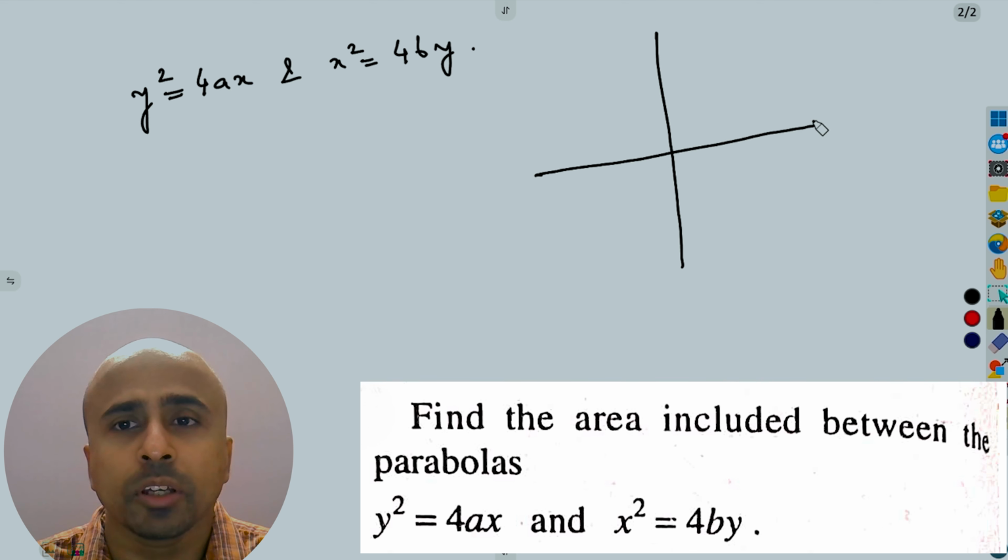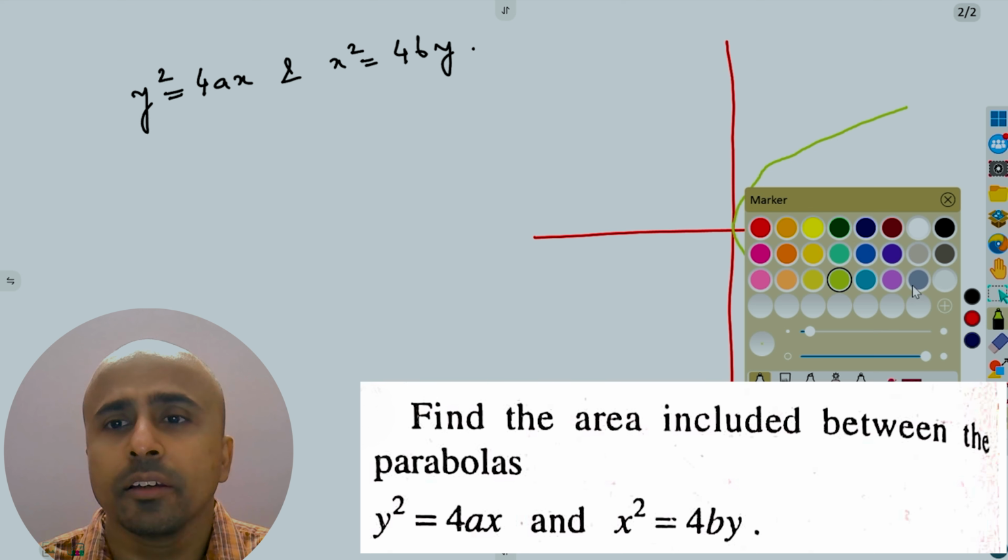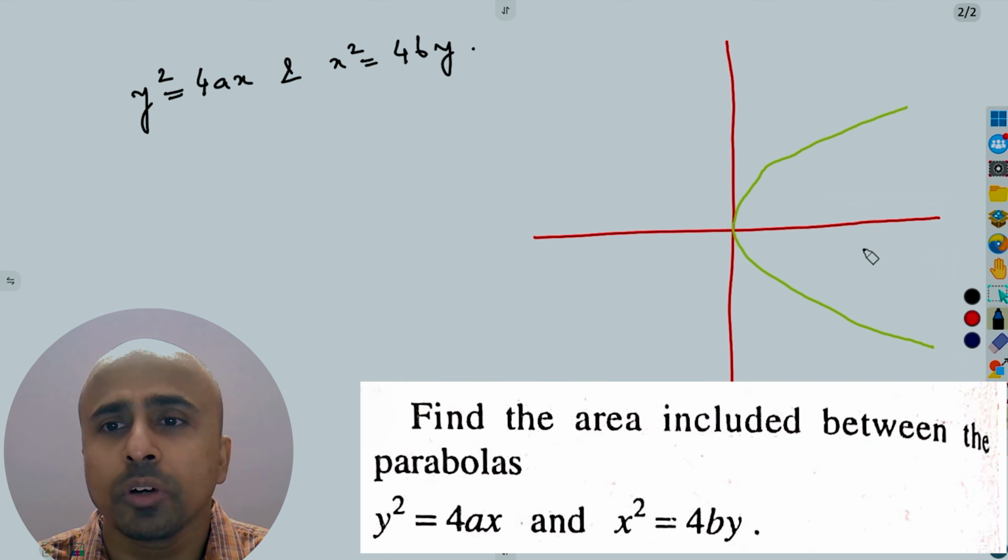Drawing these two parabolas, let me use a different color. We know that y square equals 4ax looks like this, and x square equals 4by looks like this.